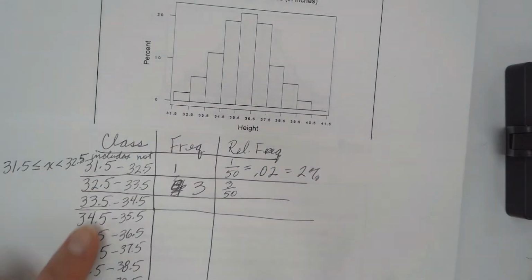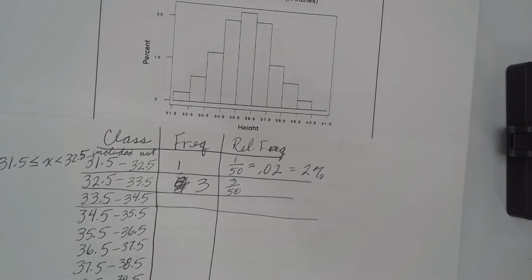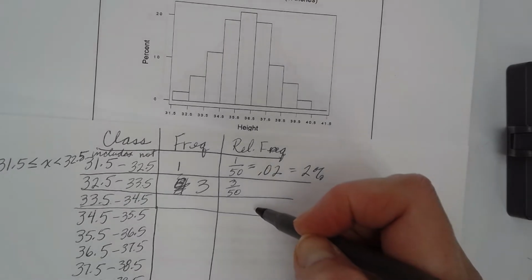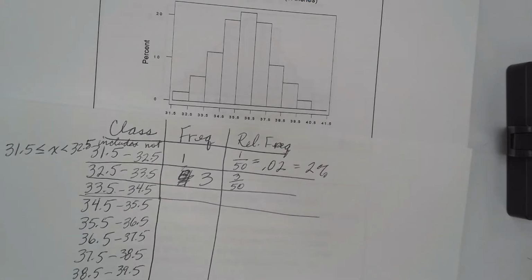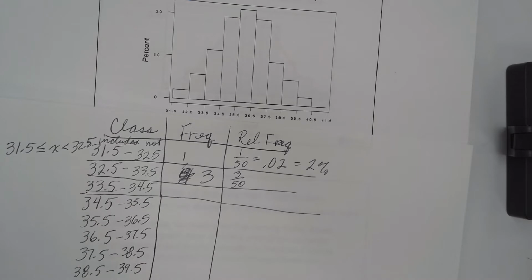Of course, you can do that in StatCrunch and also on your calculator. The drawback of using your calculator to make a histogram is that you can't determine the width of your classes. On StatCrunch you can, but on this you cannot.